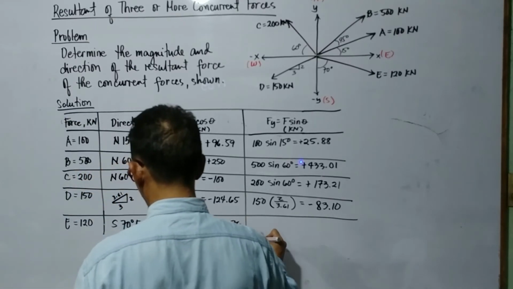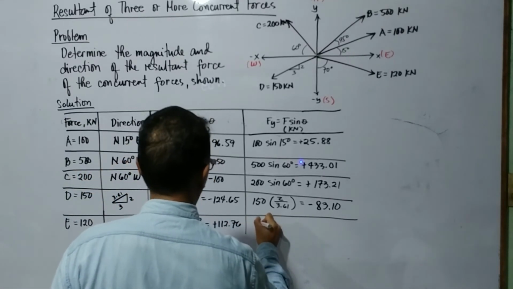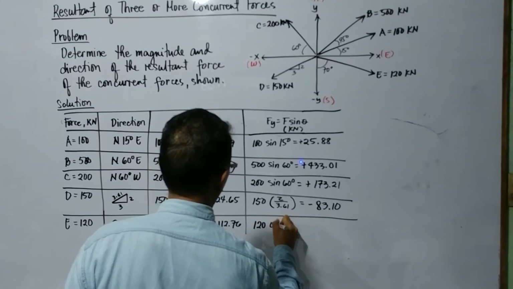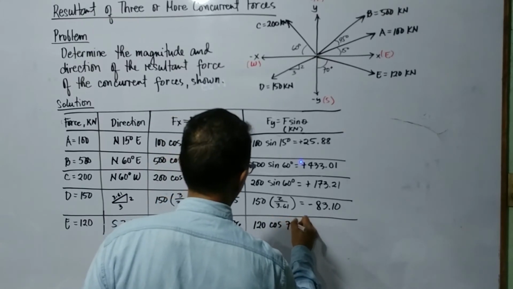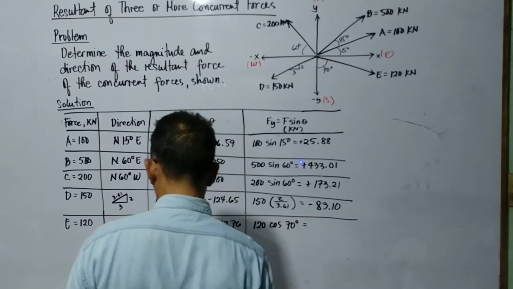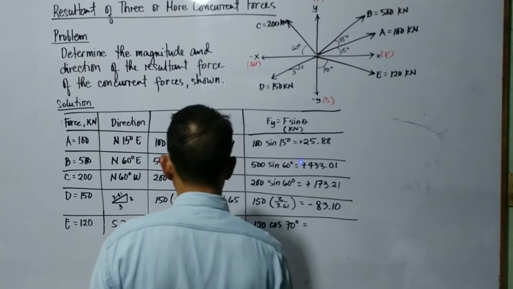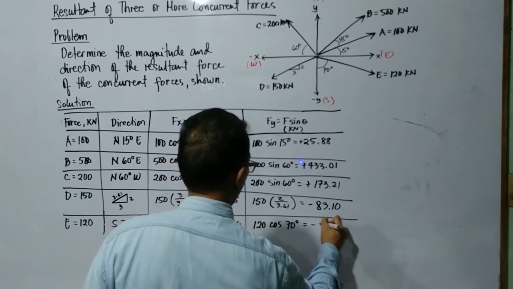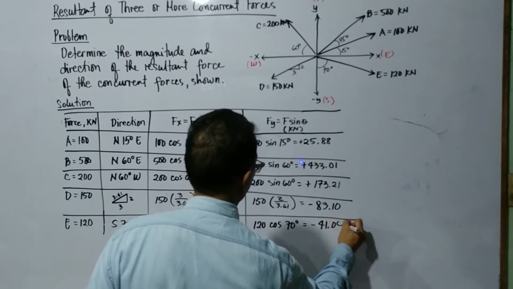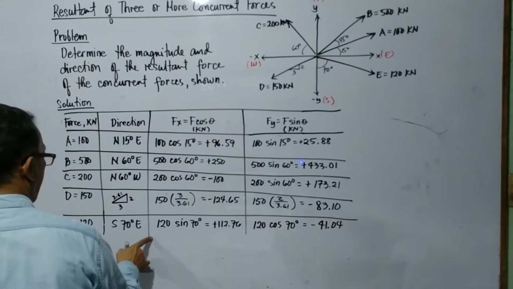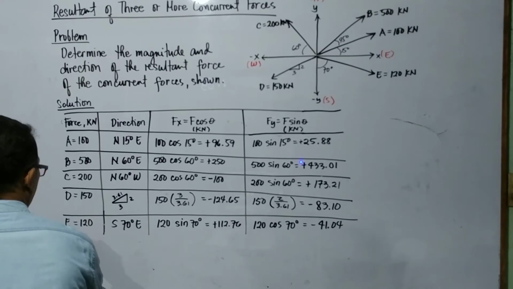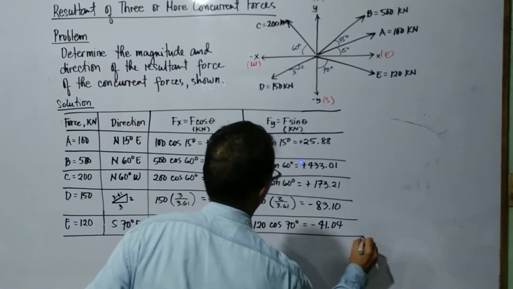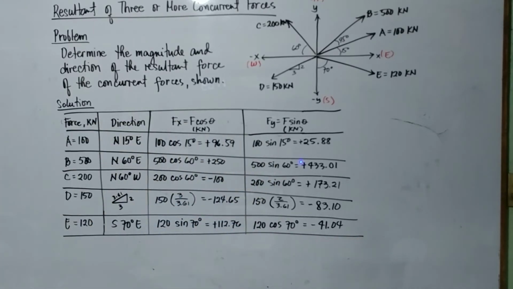On the other hand, we have here 120 cosine 70 degrees. We have negative 41.04. Now you have the components.